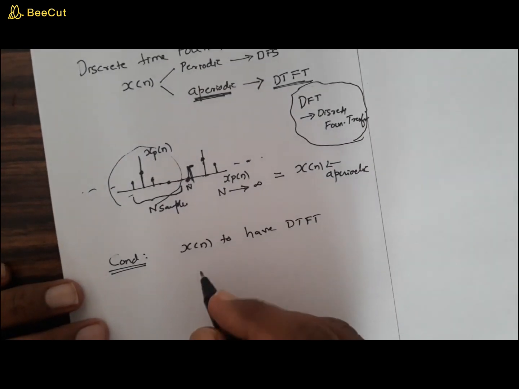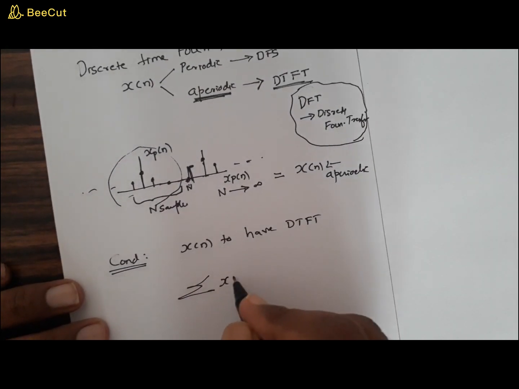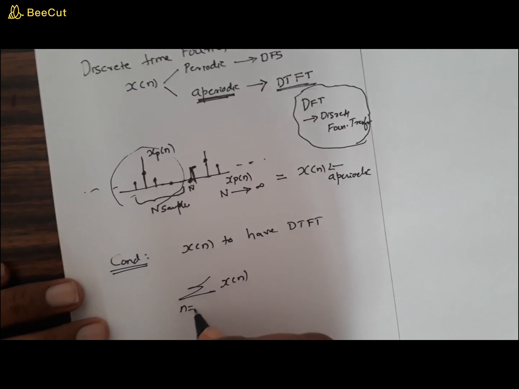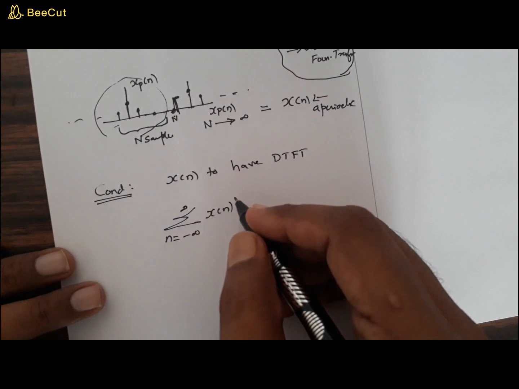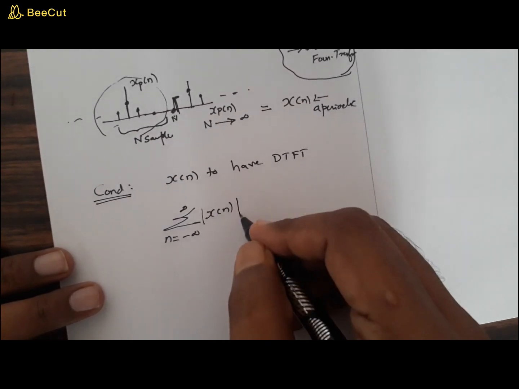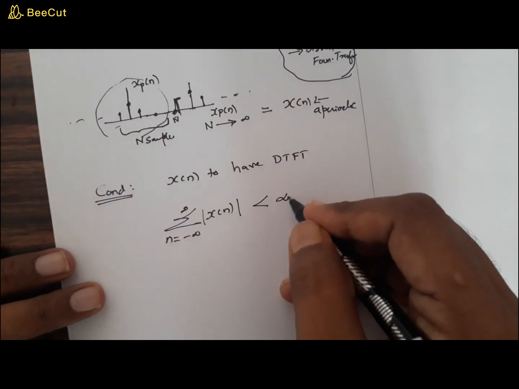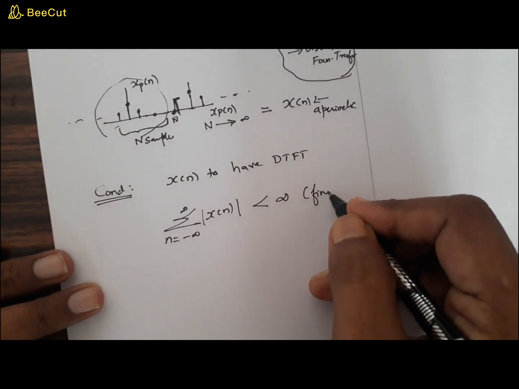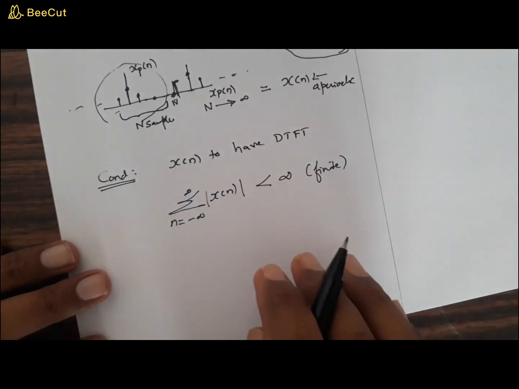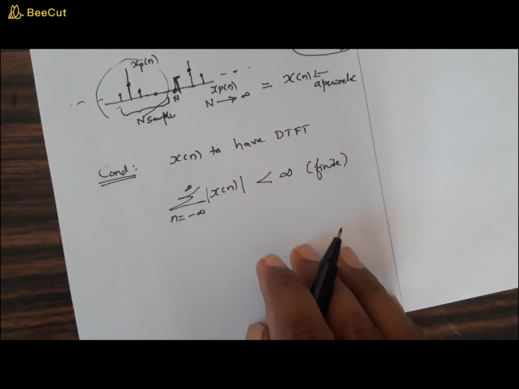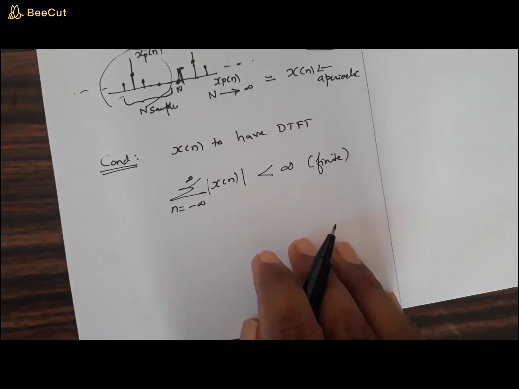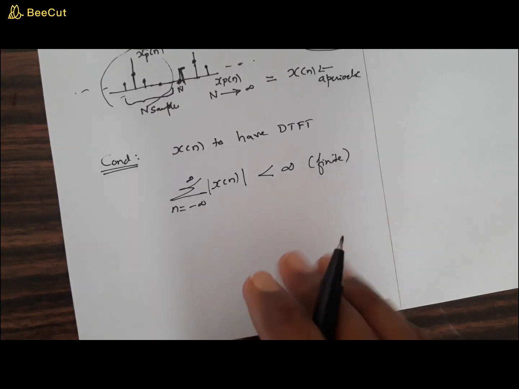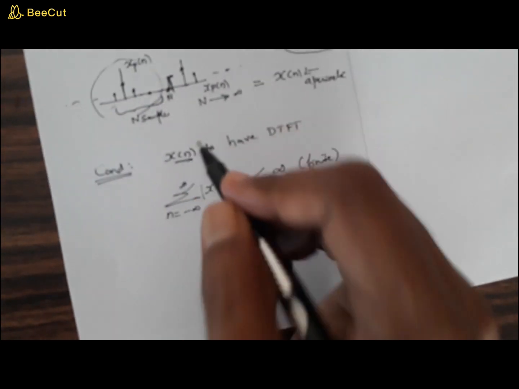The condition is that if you summate the magnitude of x of n, with n from minus infinity to plus infinity, this has to be less than infinity, or a finite value. This is a sufficient condition for the existence of DTFT for an aperiodic sequence x of n.